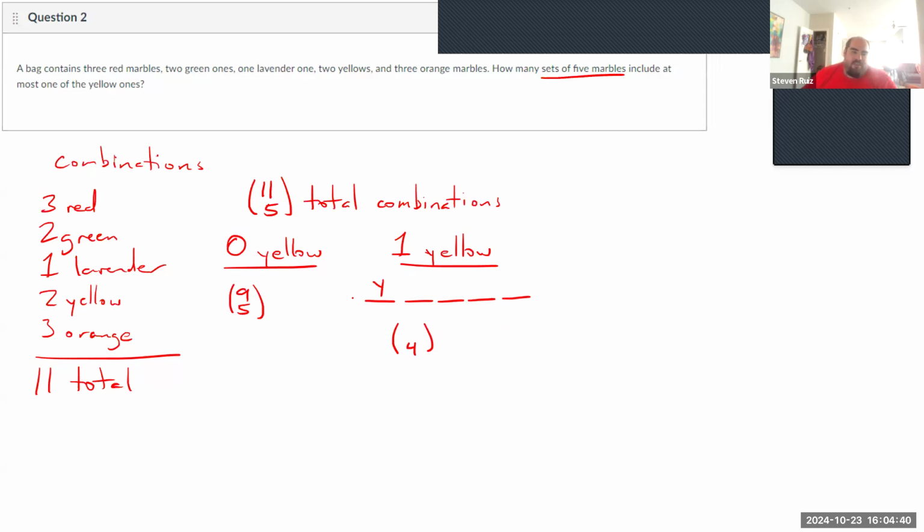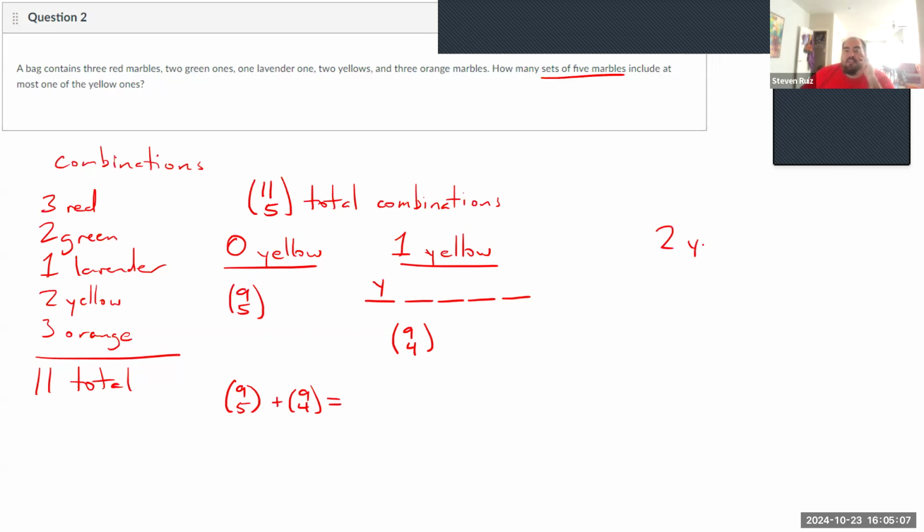You might think I chose a marble of the 11, so I have 10 choices left, except the other yellow marble is off limits. So I really only have 9 choices here. One option is to do 9 choose 5, plus 9 choose 4, and that'll give you an answer.